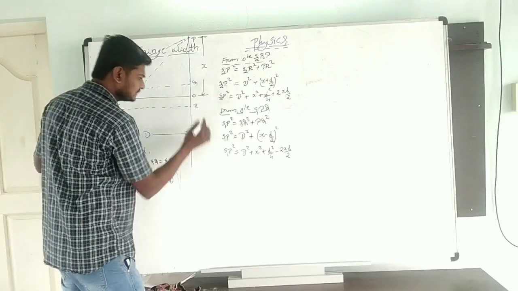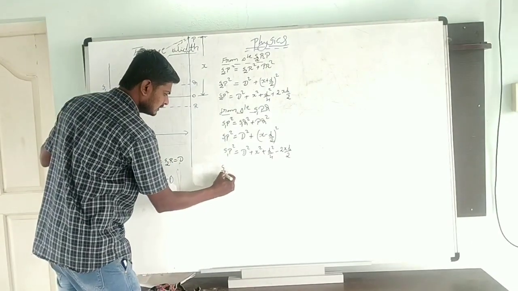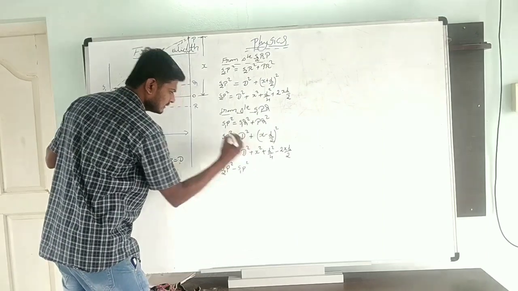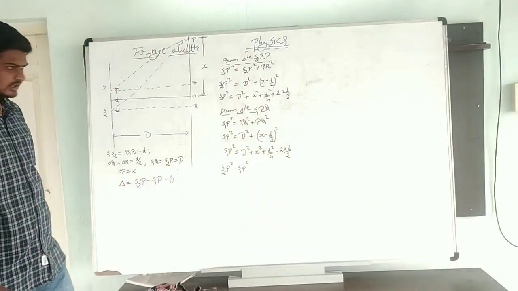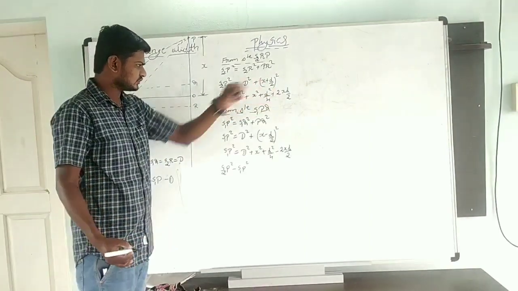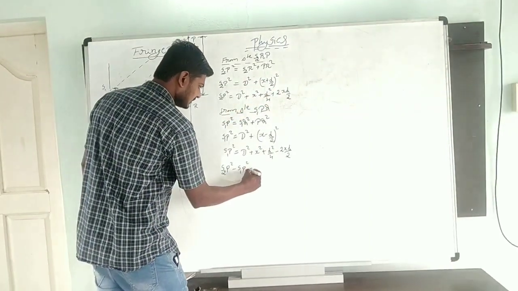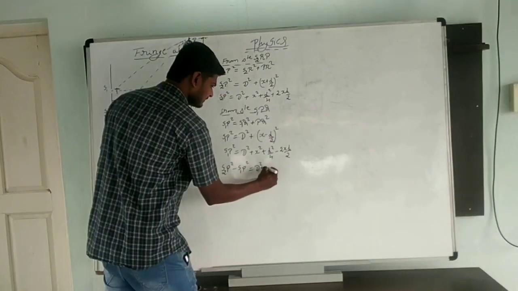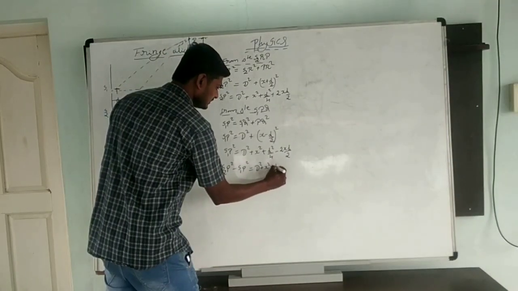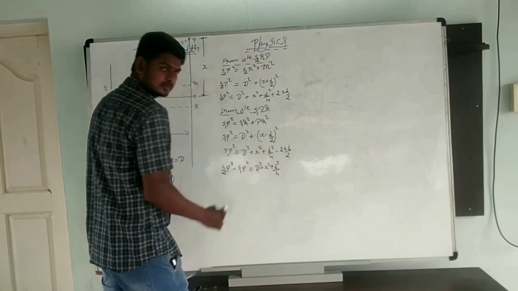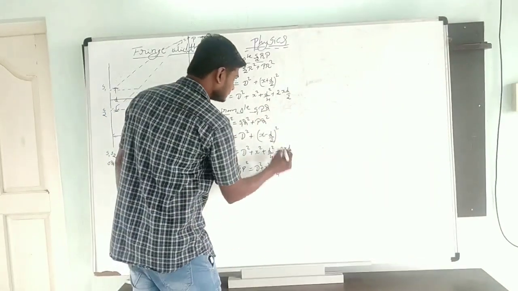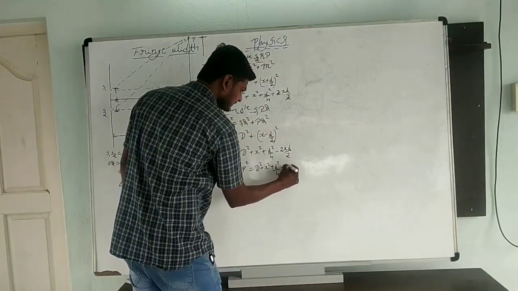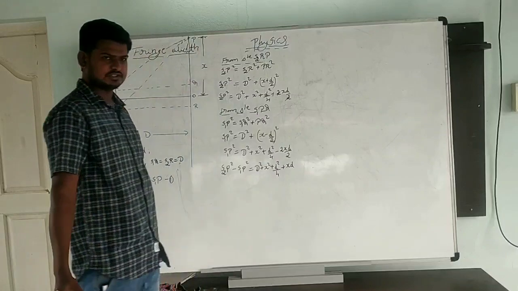That's why I am going to subtract: S2P square minus S1P square. First I write the S2P value: D square plus X square plus D square by 4 plus XD.